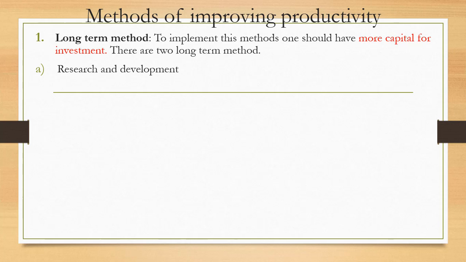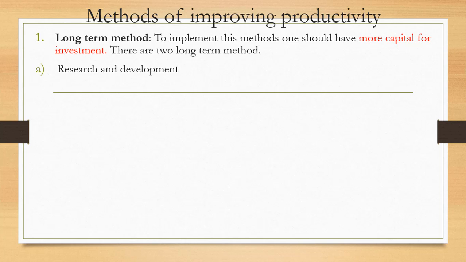One is research and development. We can improve productivity, we can improve product design, we can improve quality of product, we can improve production rate, we can improve resources by research and development. And research and development takes a long time to get results.